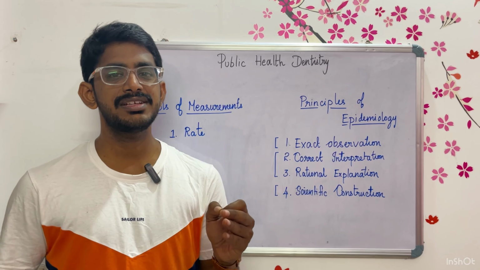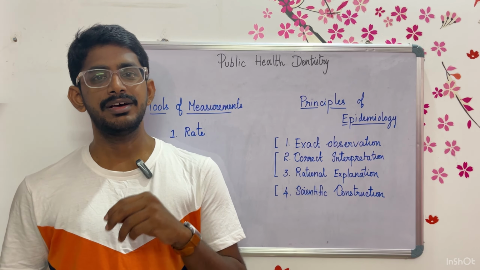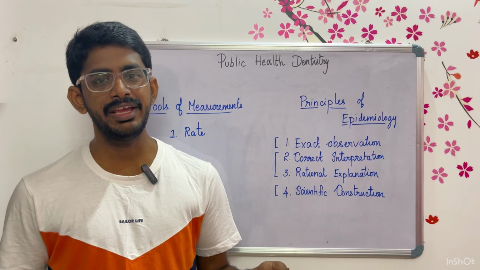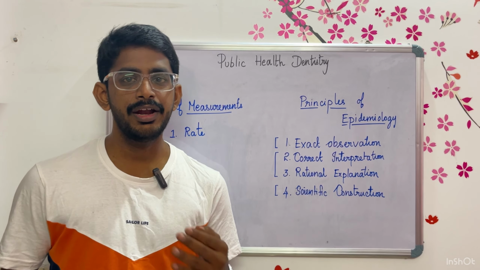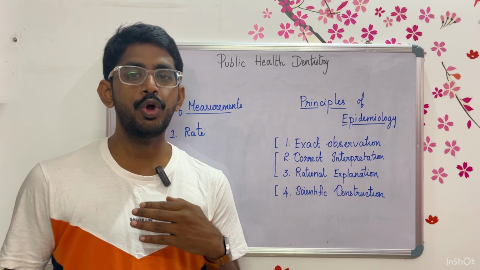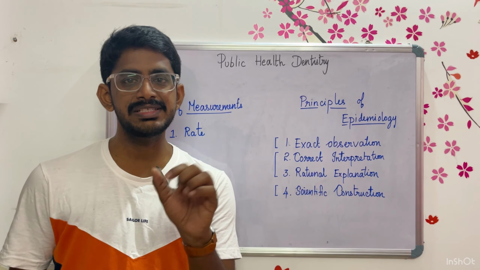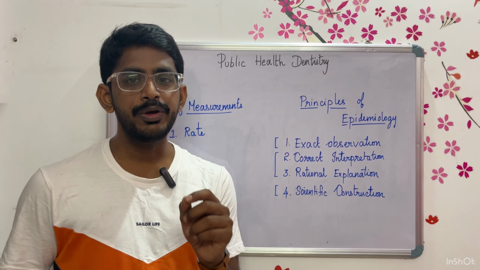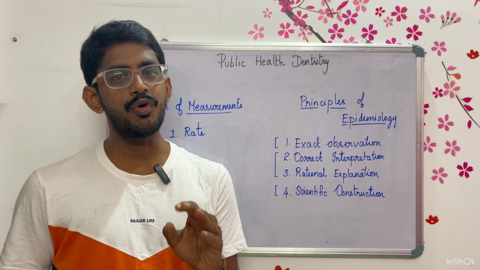Imagine there is this COVID-19 and you see high fatality rate. That is, more people are dying who are elderly and who are having other comorbid diseases. This is the scenario. So what is exact observation? It is accurate and precise observation of what is happening.